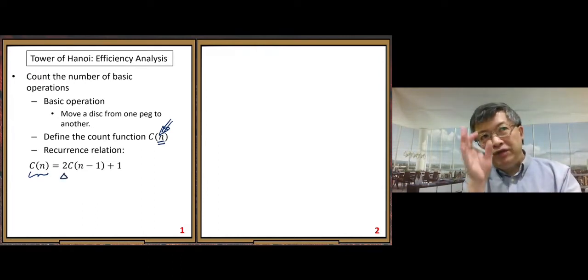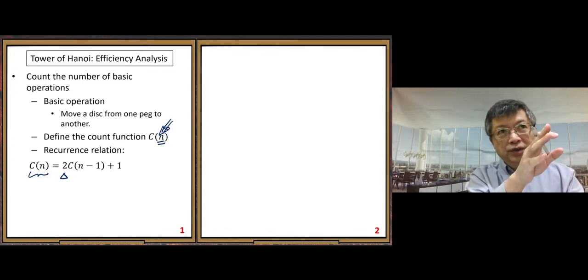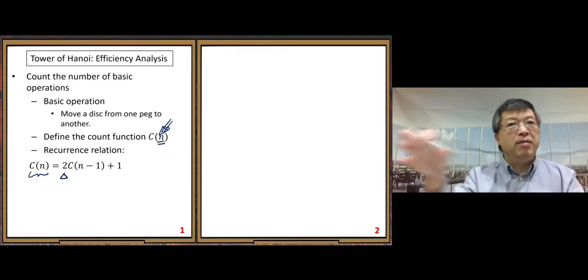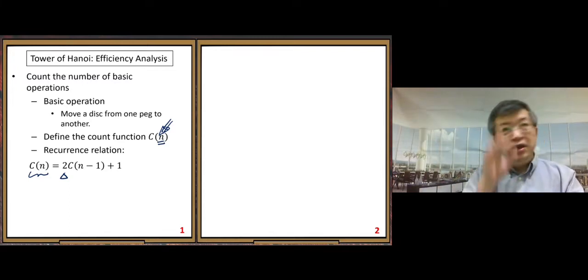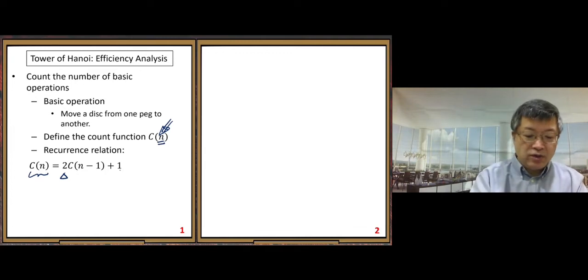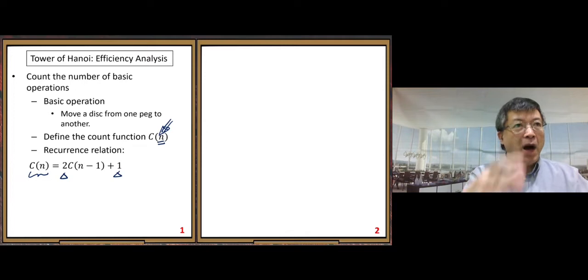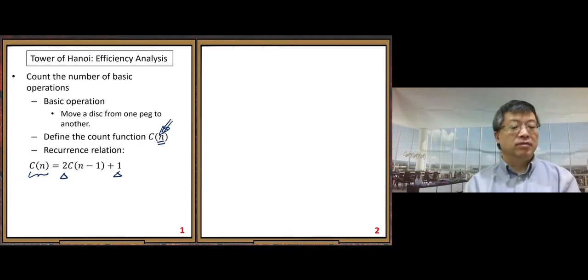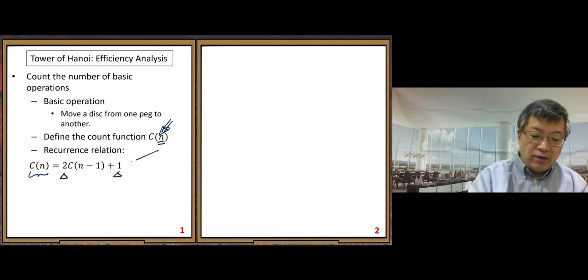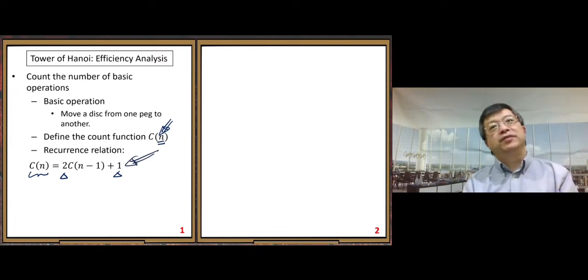So the number of disk moves is 2 times C of n minus 1. In the middle, there is 1 disk move on the bottom largest disk. So we get a recurrence relation as simple as this one.